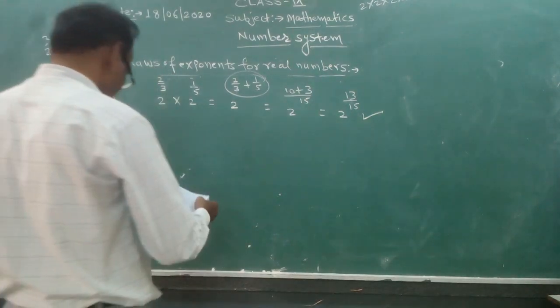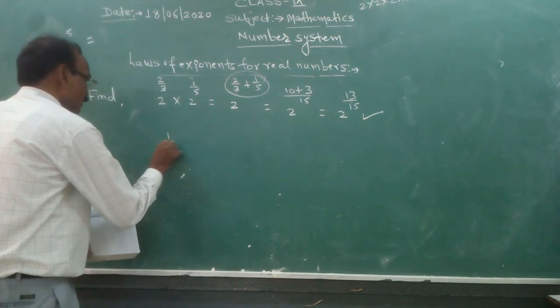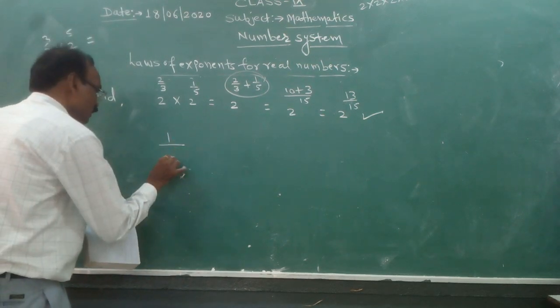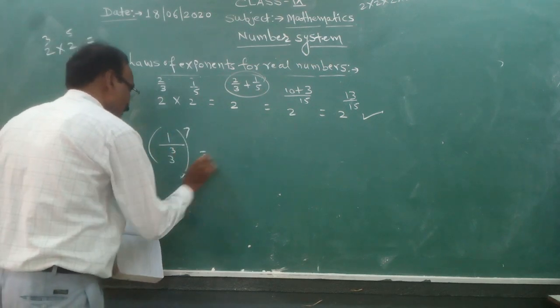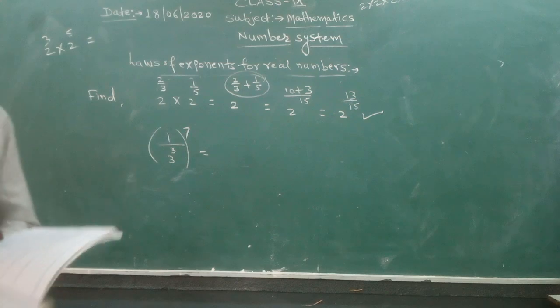Last question. 1 upon 3 cube whole raised to the power 7.